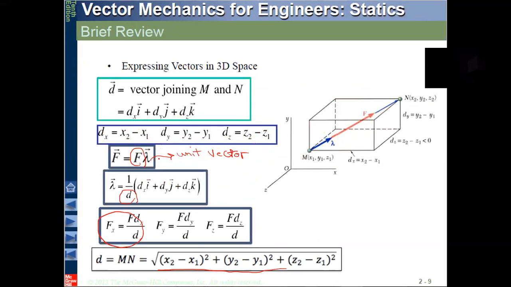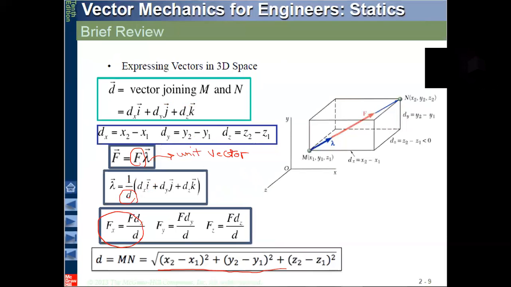So when you have a force, then you have a magnitude of that force, and you have a unit vector. In order to represent this force in vector form, you have a magnitude and you have a unit vector. The unit vector is equivalent to the vector joining M and N, but you need to normalize it to get a unit vector.